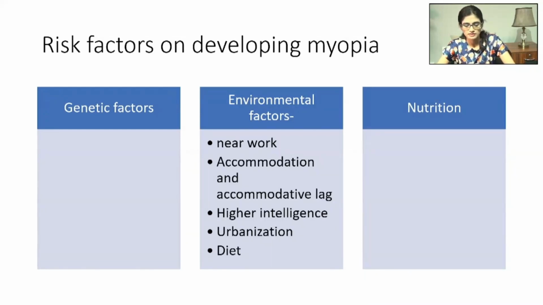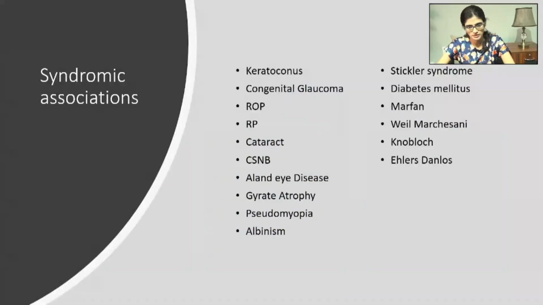These studies have actually only shown association with other things like higher intelligence, urbanization, and certain types of diet. There's no direct link, it's just associations. Nutrition, of course, in highly malnourished populations, such as patients in Africa, which we don't really see in Sri Lanka, there is a susceptibility to develop myopia. So these are the main risk factors for the development of myopia.